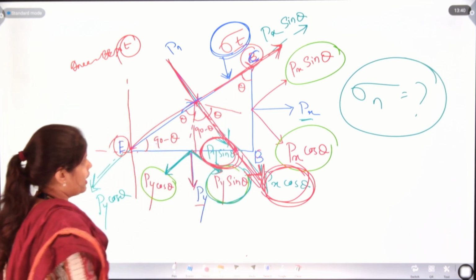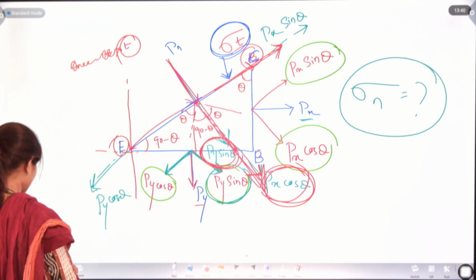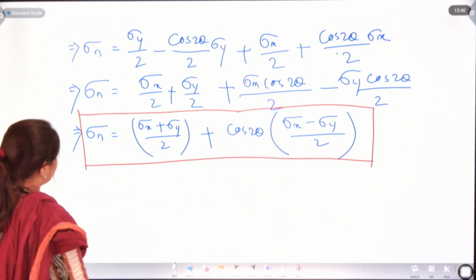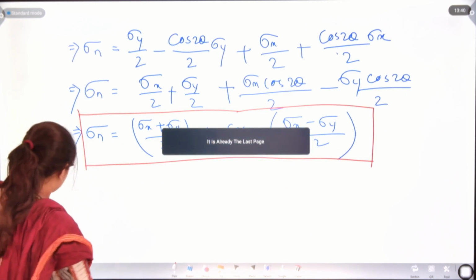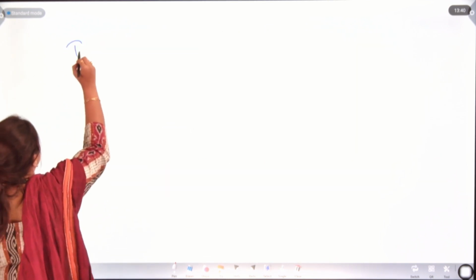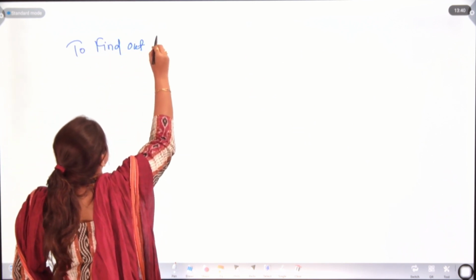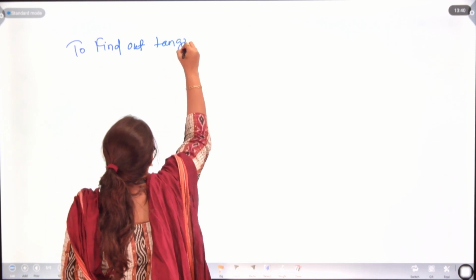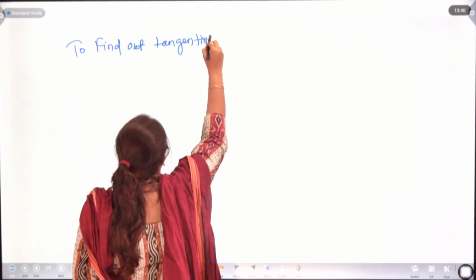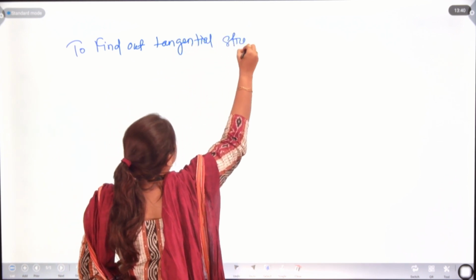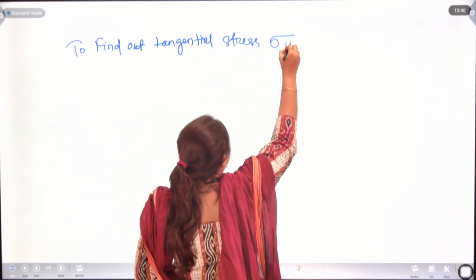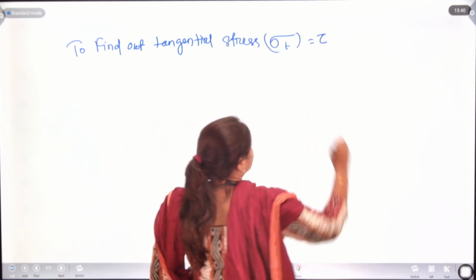This EC plane. So to find out tangential stress, that is sigma T, you can also name it as tau, right?